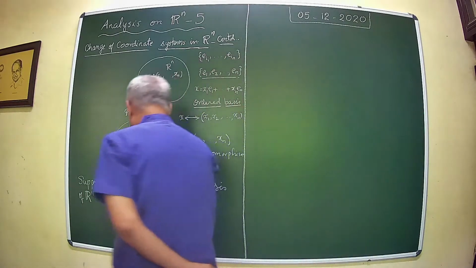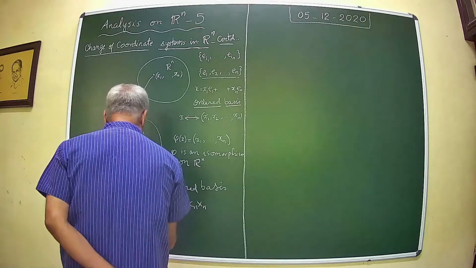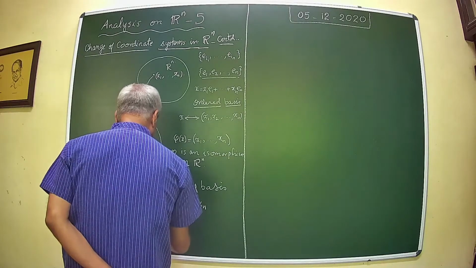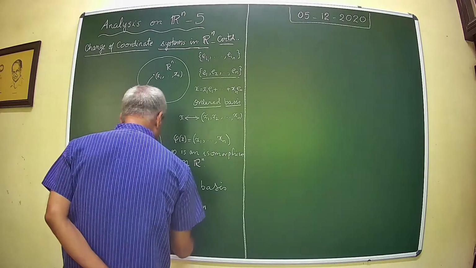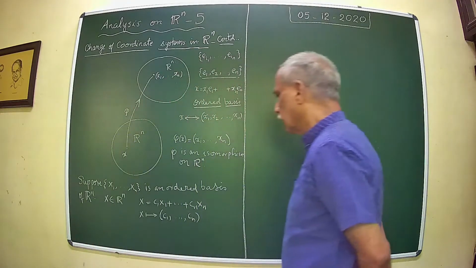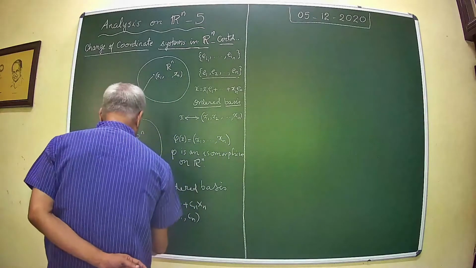Once again, we associate with x the ordered n-tuple, and one can show that this map is also an isomorphism.